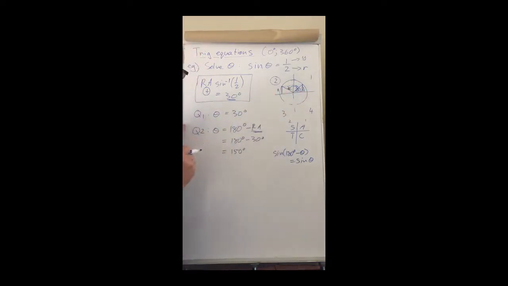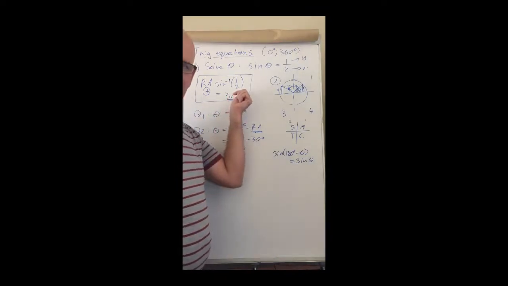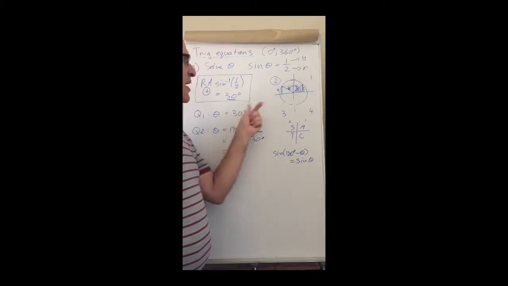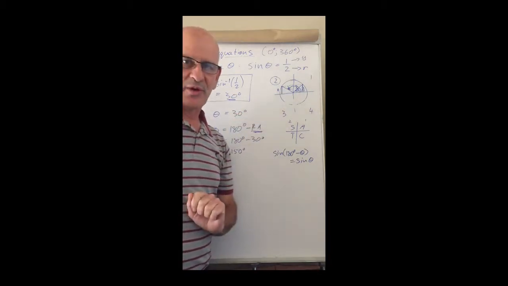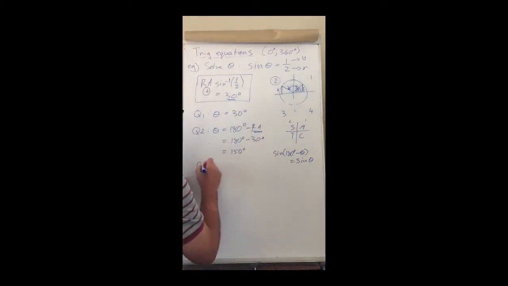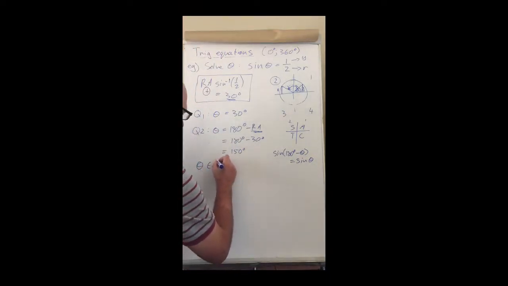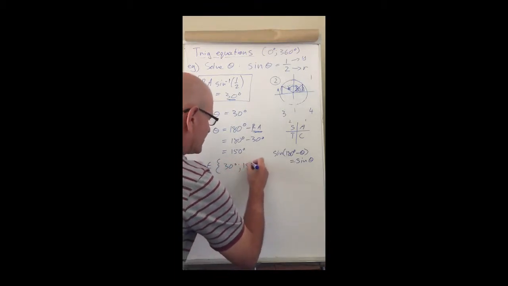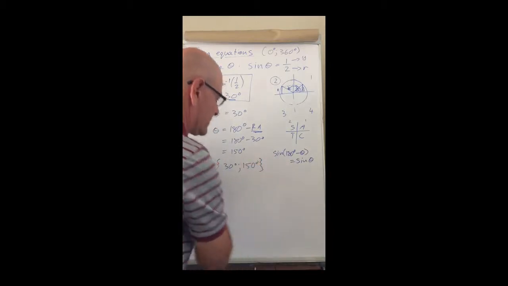So if you should grab your calculator, you can test it by plugging in these numbers, the 150 over here, and the 30. Both of them will give you 0,5 then. So my solution here is theta is an element of 30 and 150 degrees.